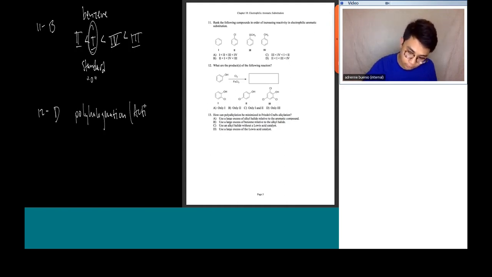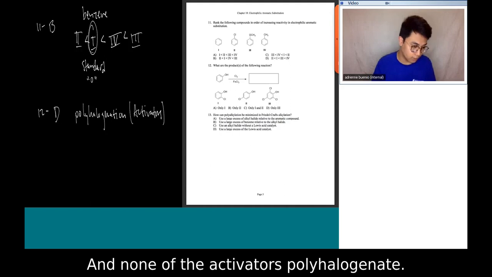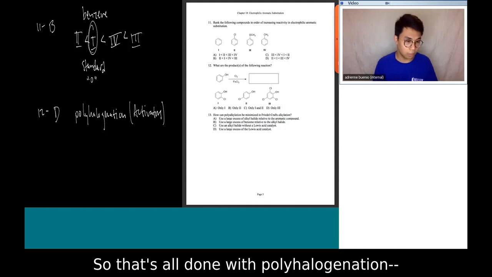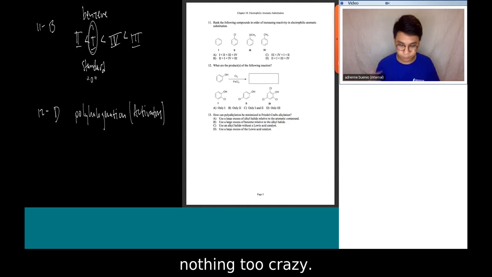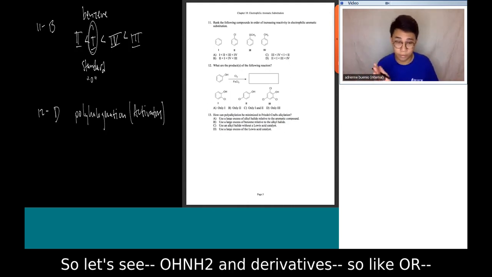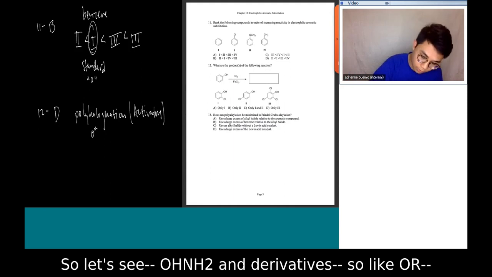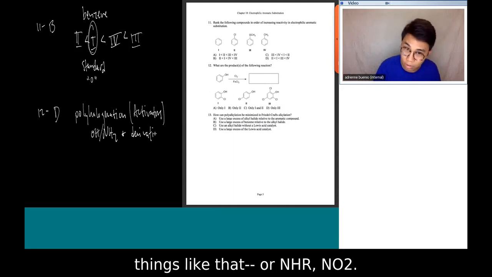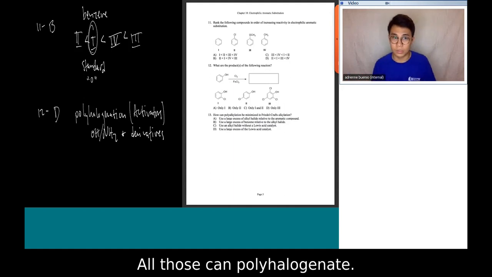Activators can, and none of the deactivators polyhalogenate. So that's all there is to polyhalogenation. Nothing too crazy. Pretty much if you see OH or NH2 and any of the derivatives, so like OR, things like that, or NHR, NR2, all of those can polyhalogenate.